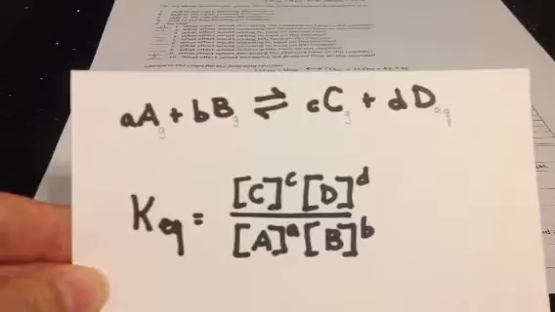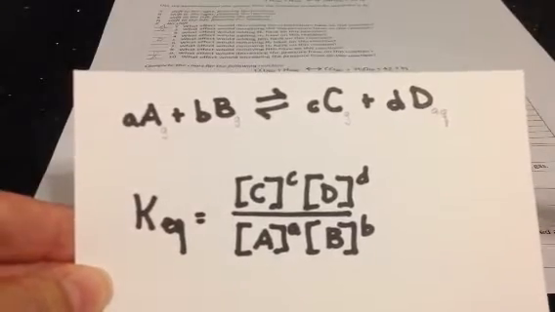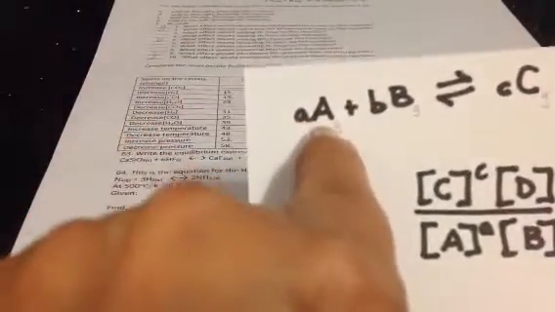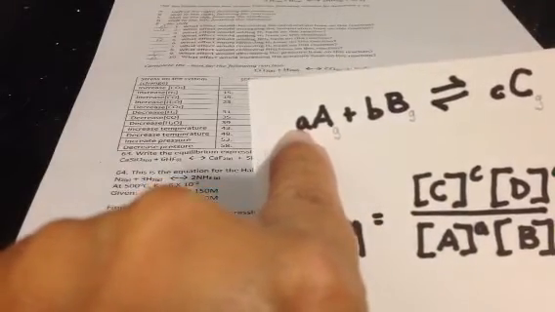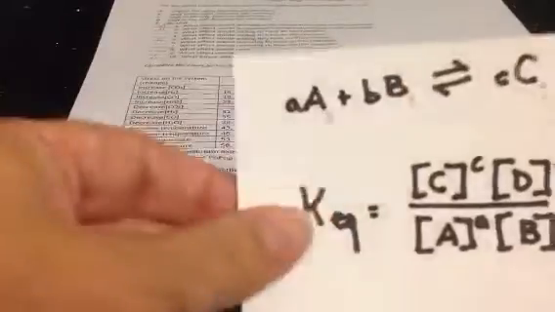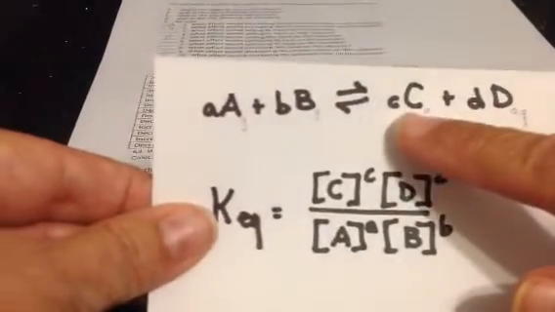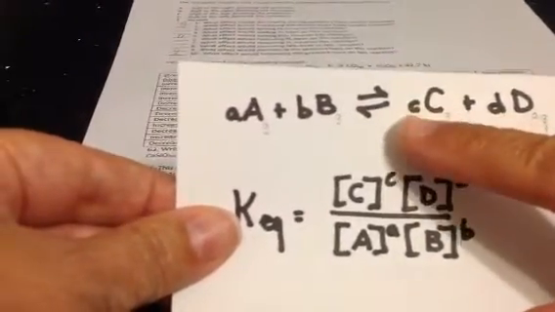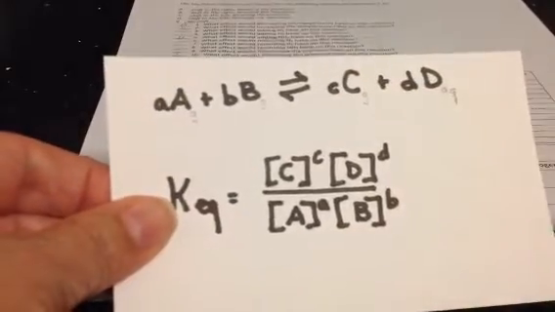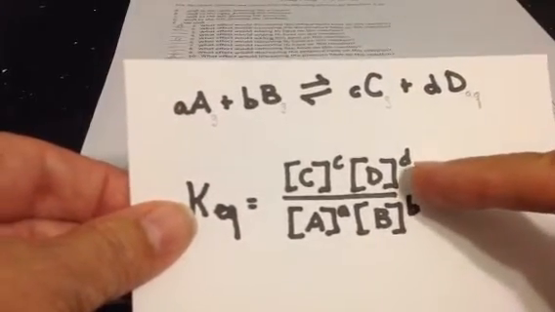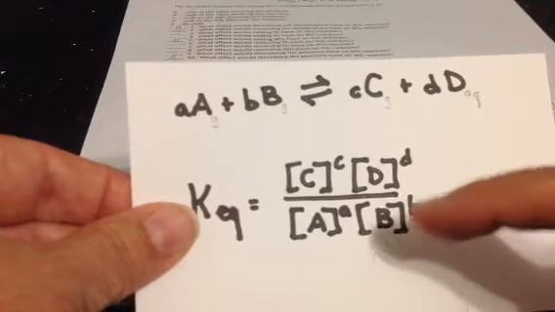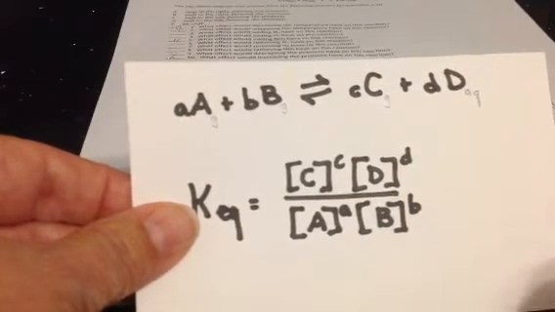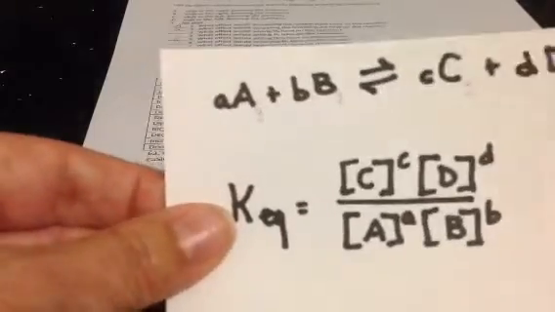To write my expression, the reactants are given here, and coefficients are these little numbers, and you're going to look at your states of matter, and products are given here, and these are the coefficients. So it is your products raised to the coefficients over your reactants raised to the coefficients. And the little brackets mean the concentration of. So that's the template that I have to look at.